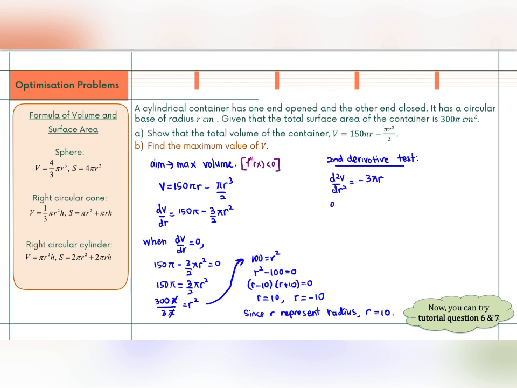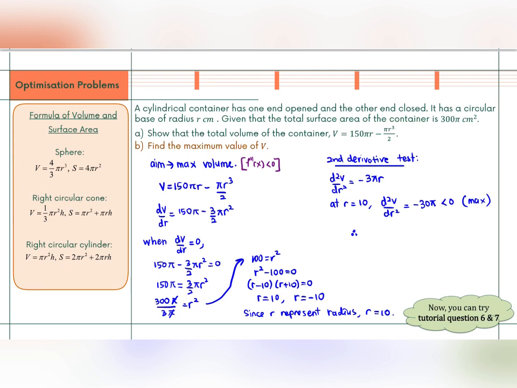Okay, at R equals 10, the second derivative is equal to negative 30 pi, which is less than 0. So automatically it is a maximum.